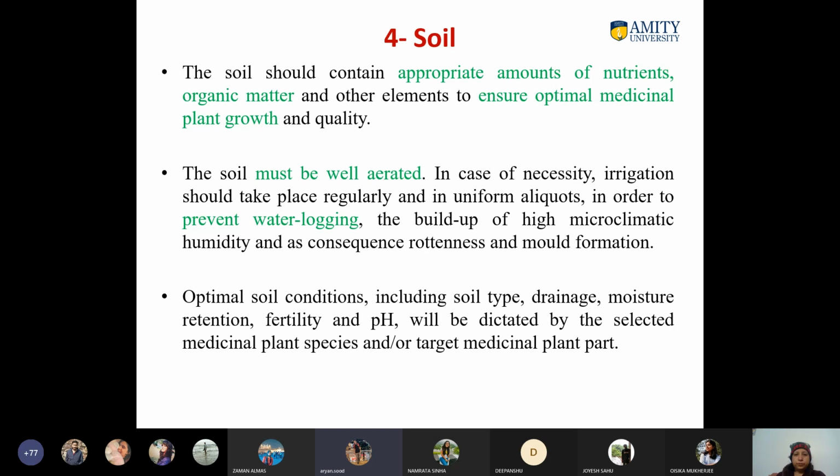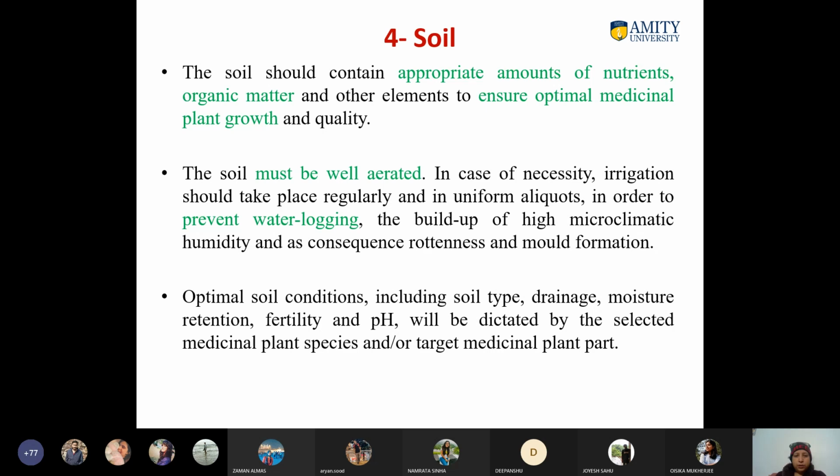In case of necessity, irrigation should take place regularly and in uniform aliquots, in order to prevent waterlogging, the buildup of high microclimatic humidity, and as consequence, rottenness and mold formation. Optimal soil conditions, including soil type, drainage, moisture retention, fertility, and pH, will be dictated by the selected medicinal plant species and our target medicinal plant part. Yes, okay. Thank you, Aryan.